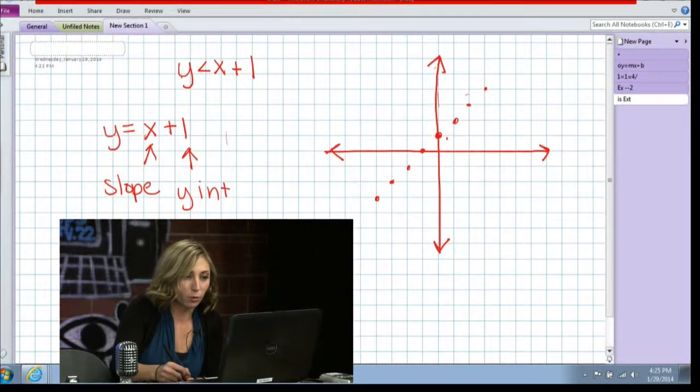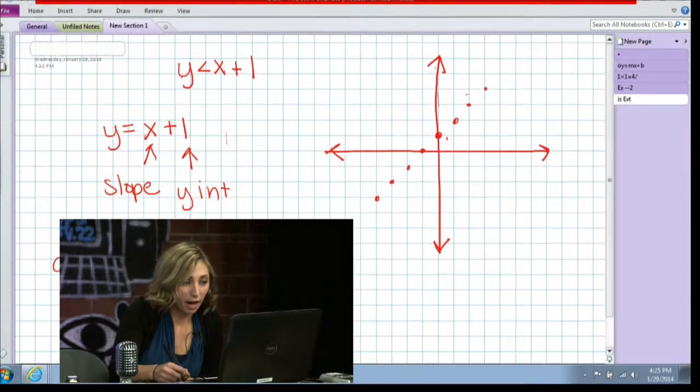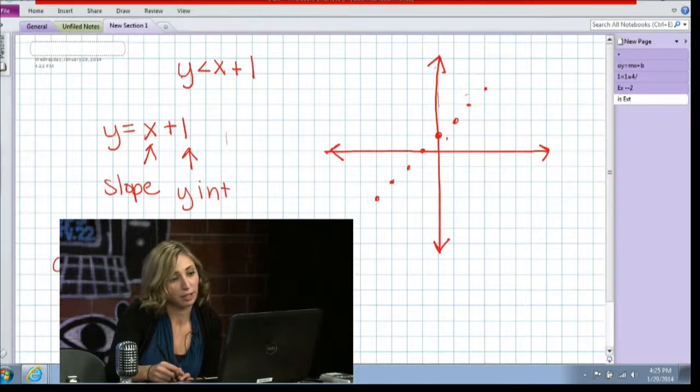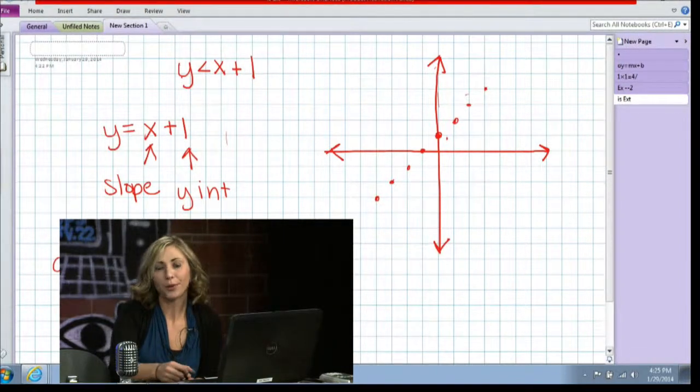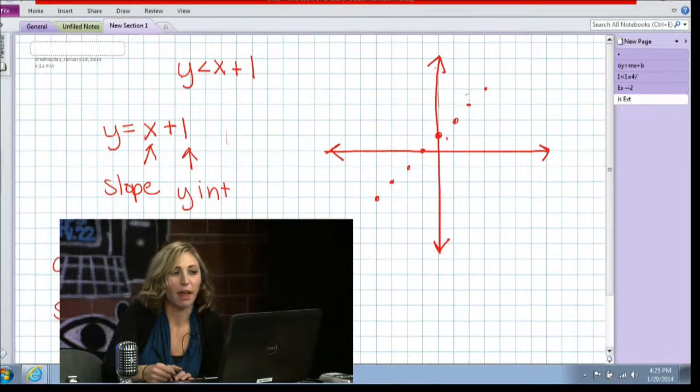So general rules: if you have just a regular less than or greater than, we're going to have a dashed boundary. And if we have less than or equal to and greater than or equal to, then we have a solid boundary. So based on that, which would you think this one is? Is it solid or dashed?